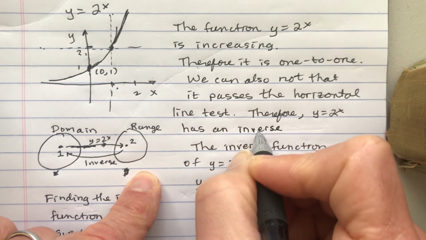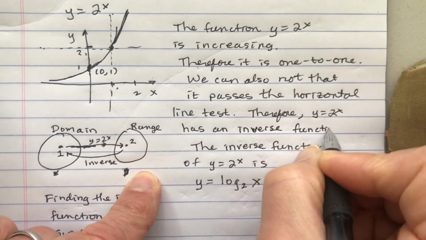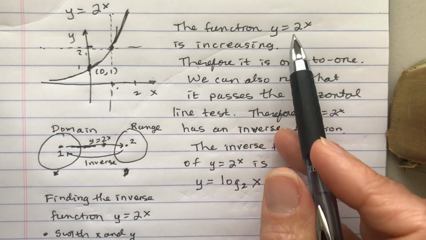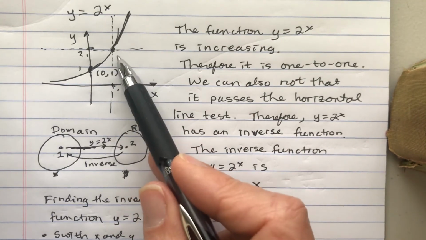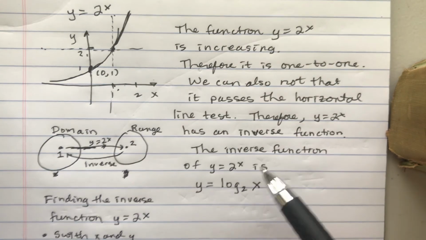So the reasoning is, is the function y equals 2 to the x 1 to 1? Yes, because it's increasing. Increasing functions will always pass the horizontal line test. So therefore, because it's 1 to 1, it has an inverse.